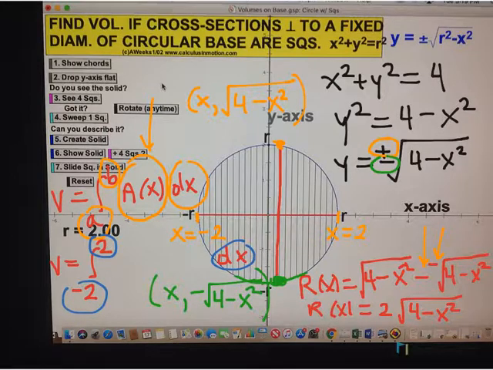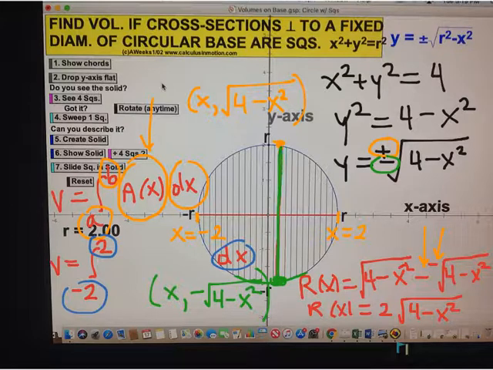x-axis. And how do you find the area of a square? You take the length of one side and you square it. So that's what we're going to do, because now we have a function of x that gives us the length of one side of our square.